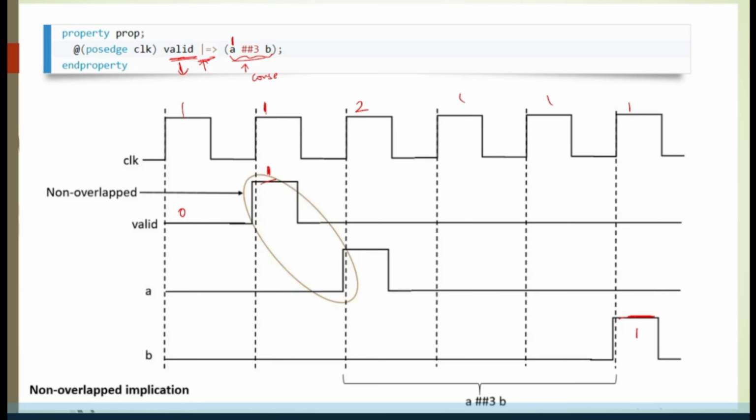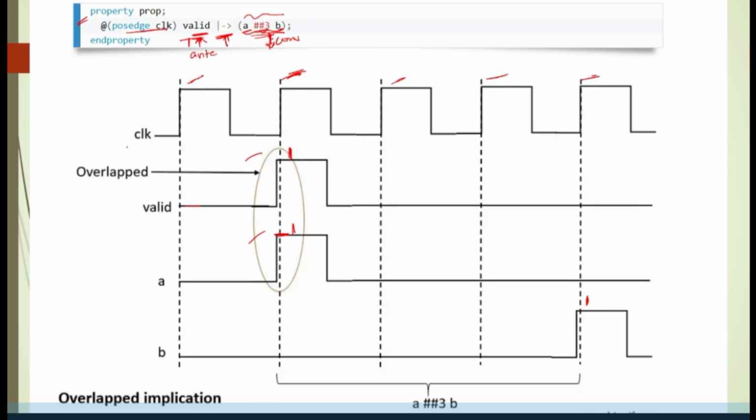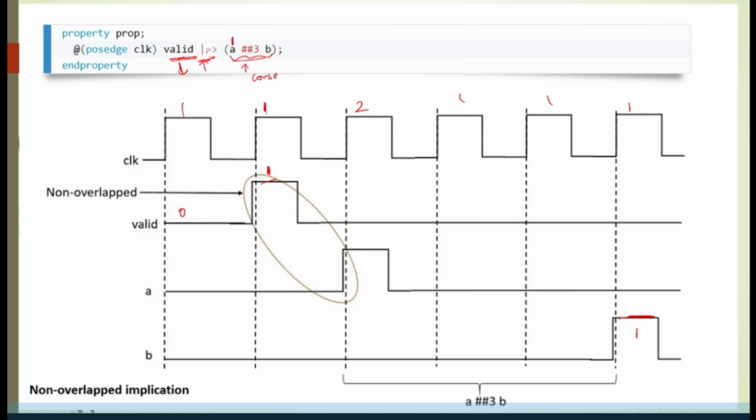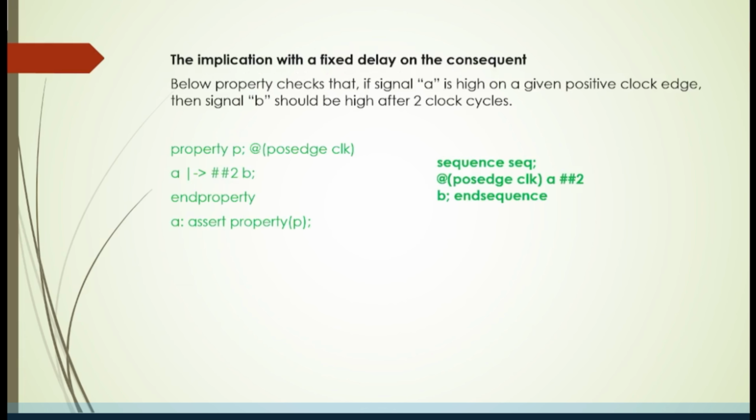Now you may get a doubt: since we can use the non-overlapped operator, the delay will be happening. Yes, the delay will be happening, but it is only one clock cycle of delay. But if you want the consequent to be evaluated after some particular number of clock cycles, then you should insert the delays.